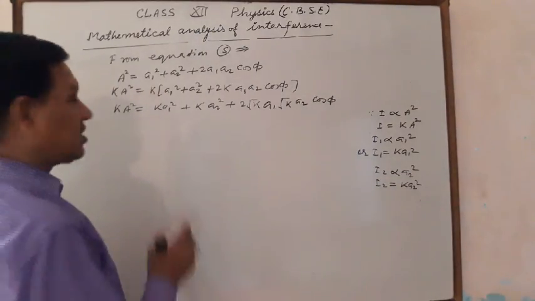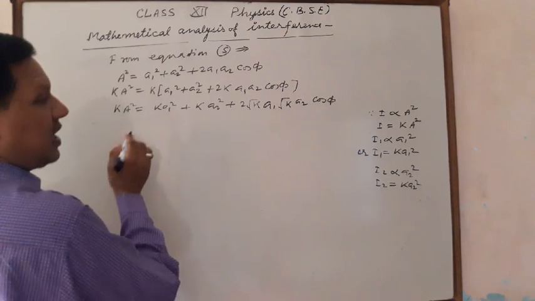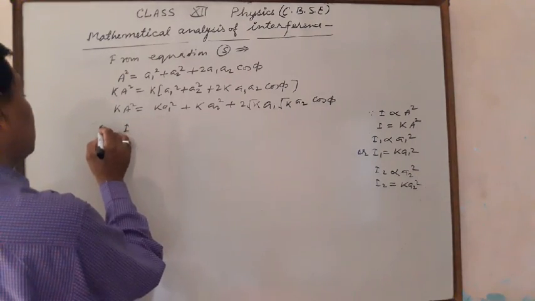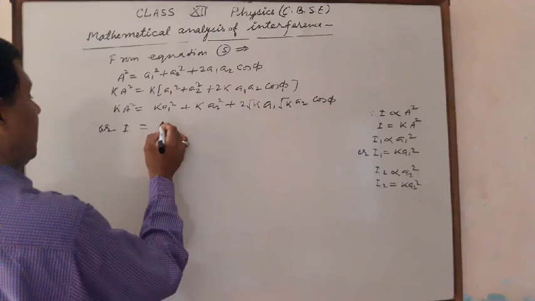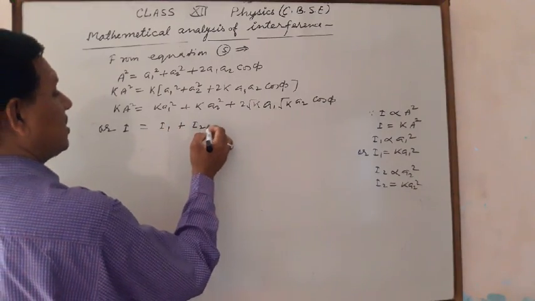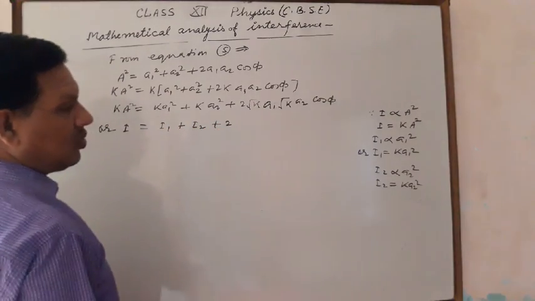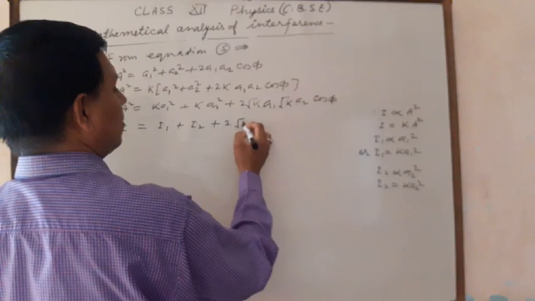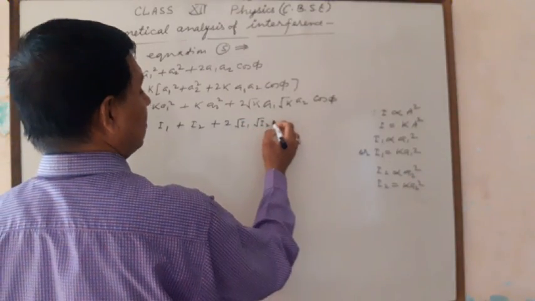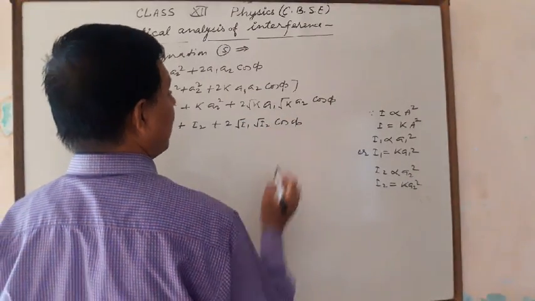So here on the place of kA square we can write I is equal to I1 plus I2 plus 2 under root I1 under root I2 cos phi.